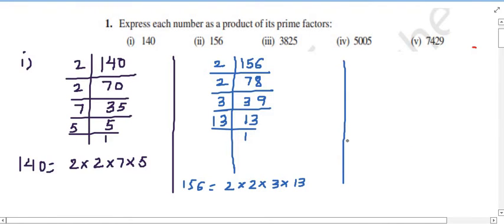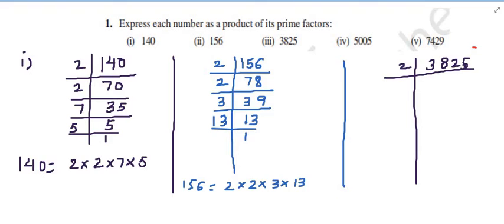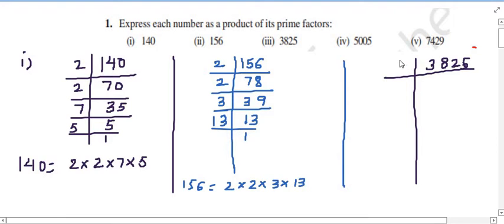Now we have to prime factorize 3825. We'll start with 5. As it has 5 at the ones place, it is divisible by 5, so it will be 765.